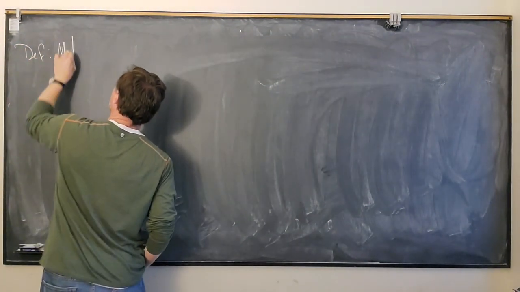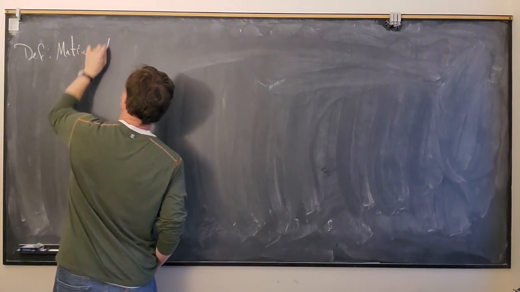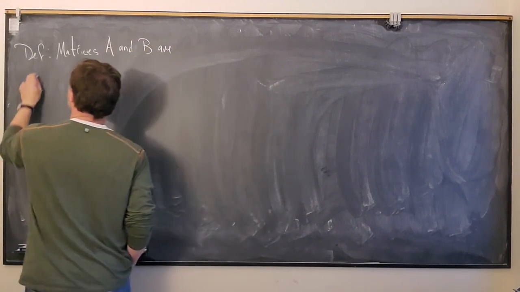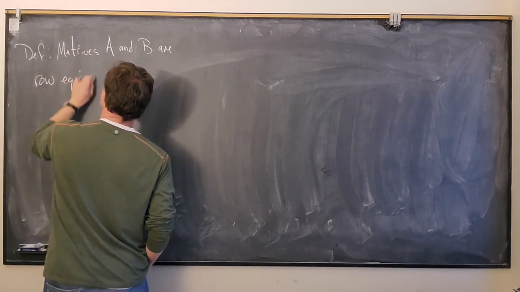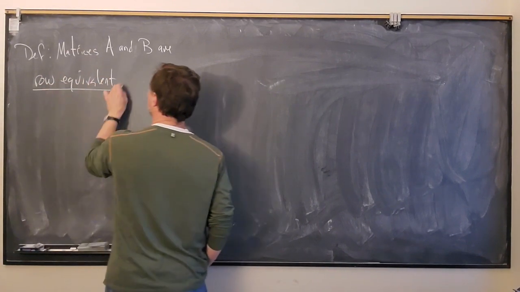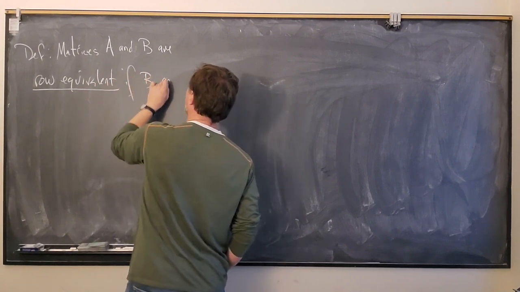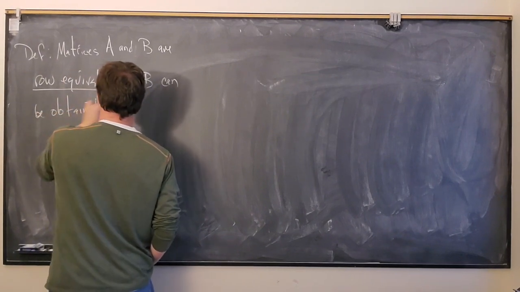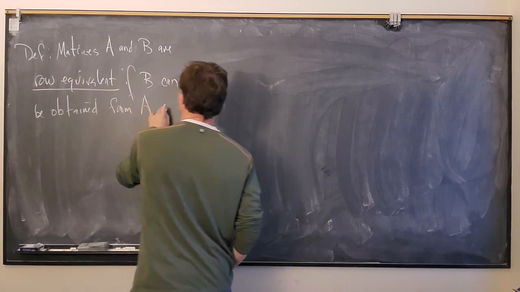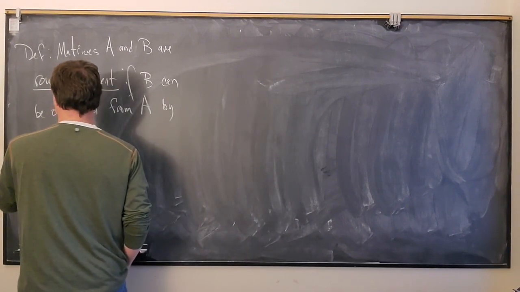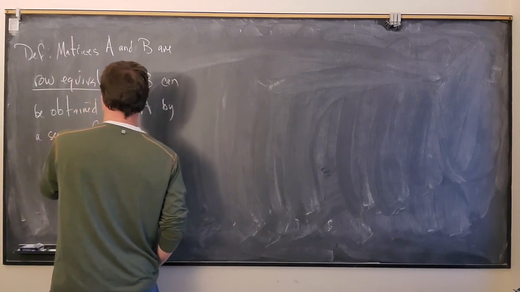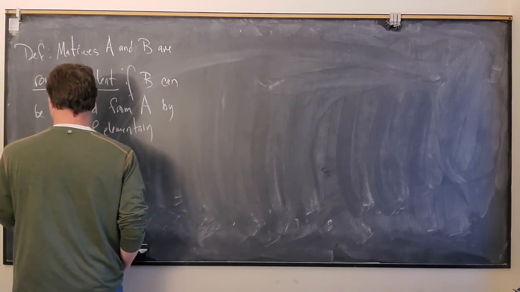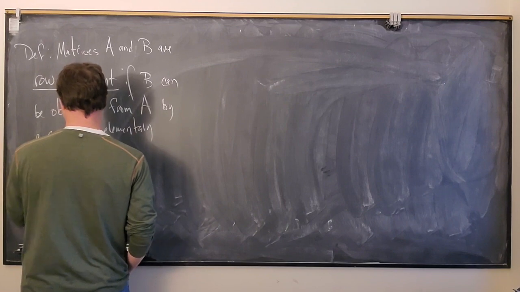So matrices A and B are row equivalent if B can be obtained from A by a sequence of elementary row operations.